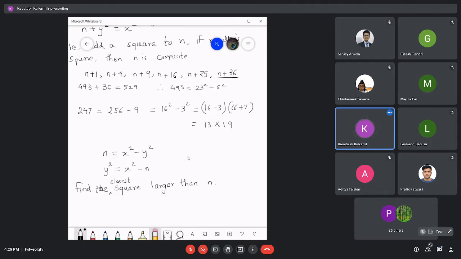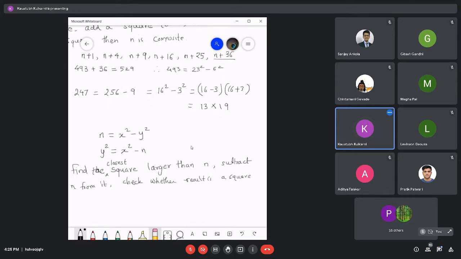Start with that, and then subtract n from it, and check whether the result is a square.